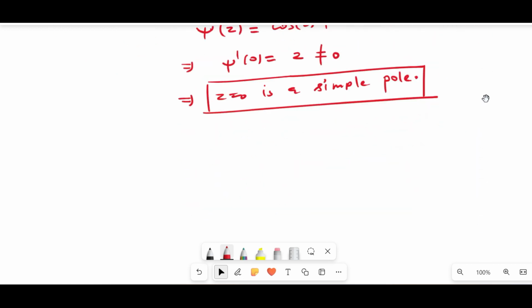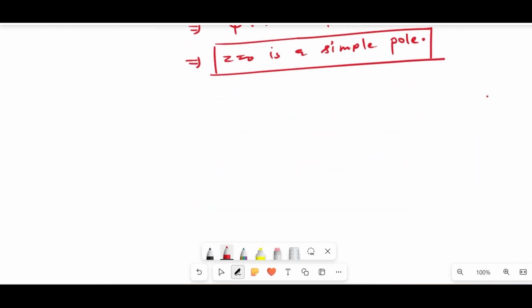If this is a simple pole, the value of the residue at z is equal to 0 is equal to phi of 0 over psi dash of 0.